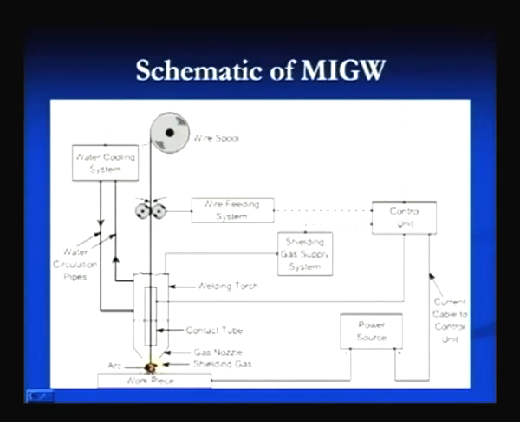So, this entire diagram shows the schematic arrangement of the gas metal arc welding or metal inert gas welding process.